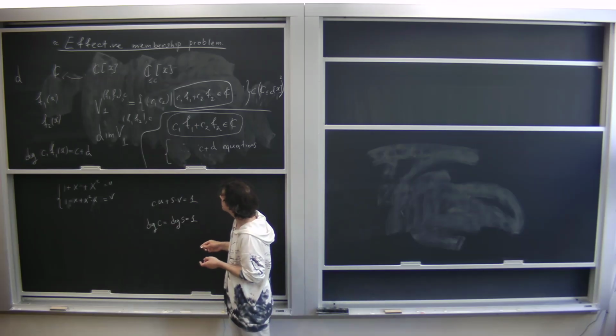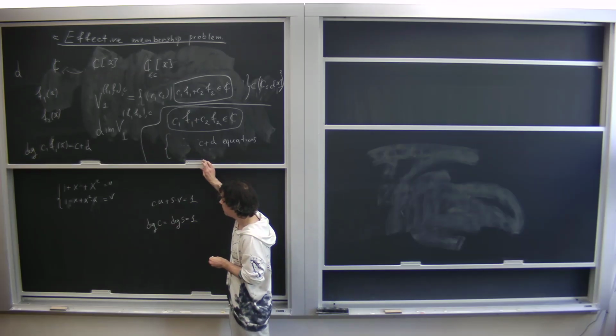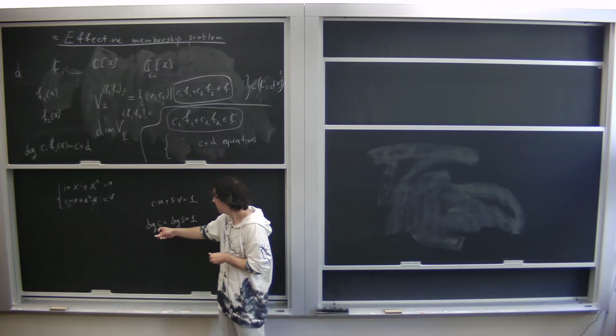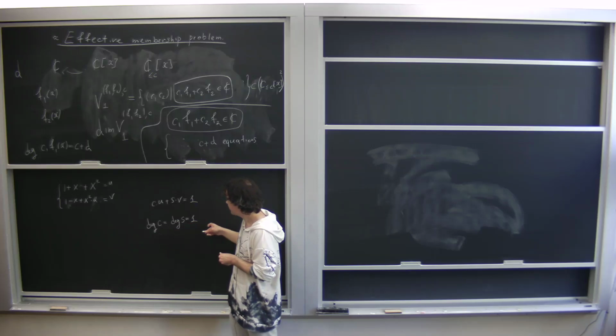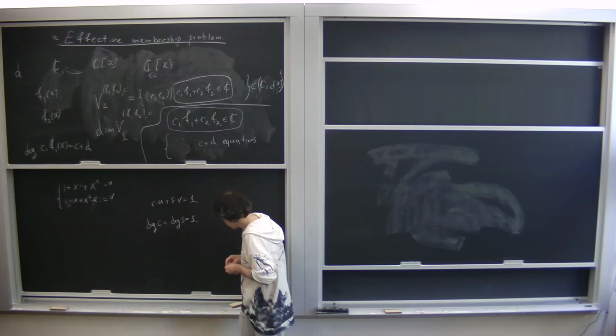So let us calculate the dimension of V, and let us follow how it is changing when we add extra degrees to the coefficients C1 and C2.